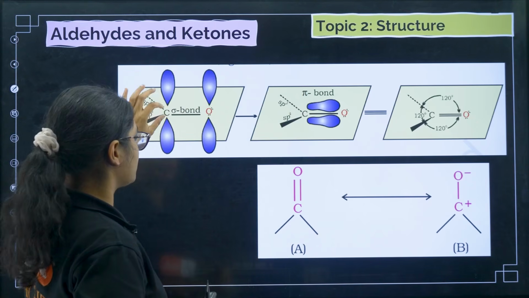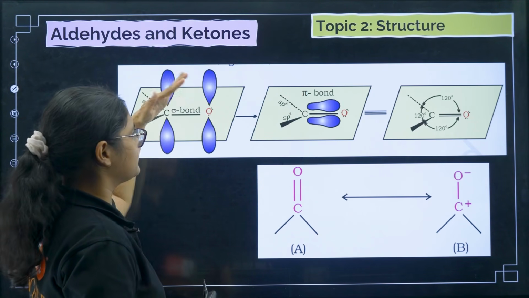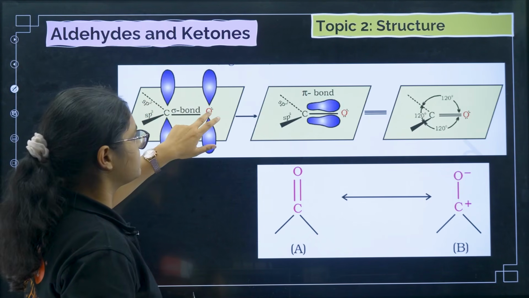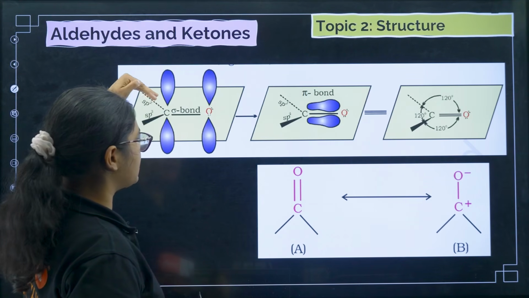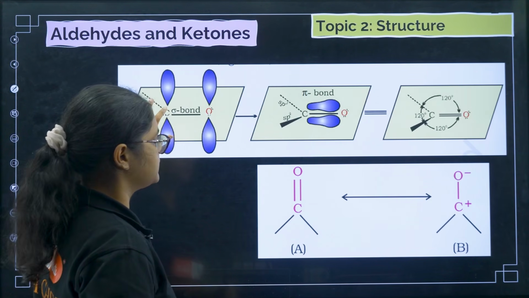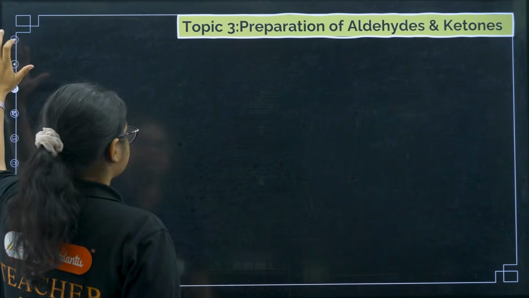Now there is a pi bond between carbon and oxygen, which lies above and below the plane. Because of this oxygen, this carbon is highly electrophilic in nature and is always attacked by a nucleophile. Whenever a nucleophile comes, it attacks this carbon. Clear? That was all about structure.